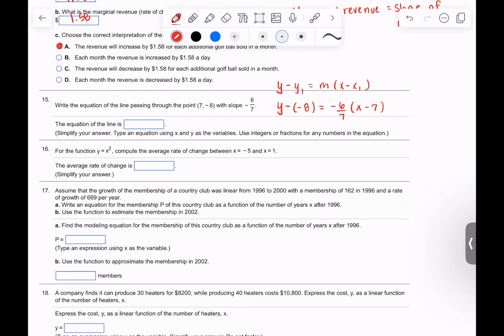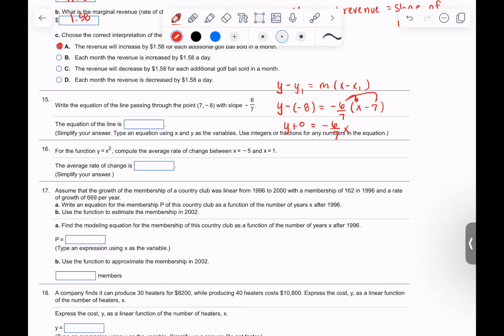Okay, so let's do a little arithmetic here. Over on the left-hand side, I have y minus a minus. Minus a minus gives me plus. So that is y plus 8 equals. And then I'm going to distribute the -6/7 across. We distribute it across the x. That gives us -6/7 times x.